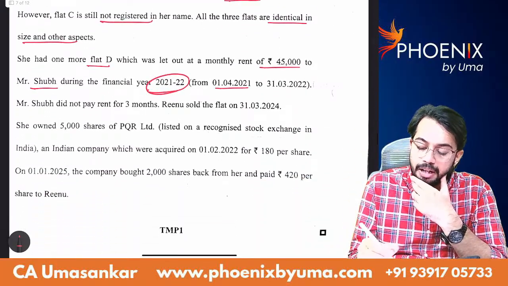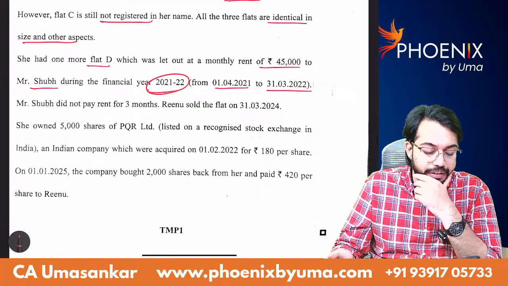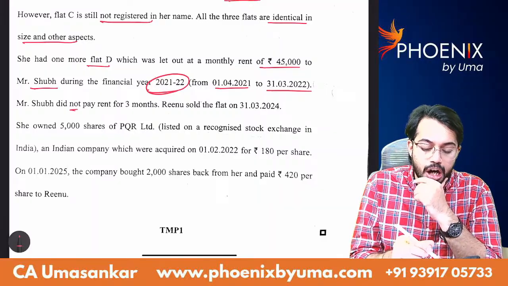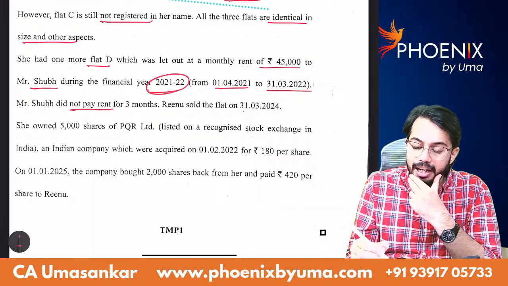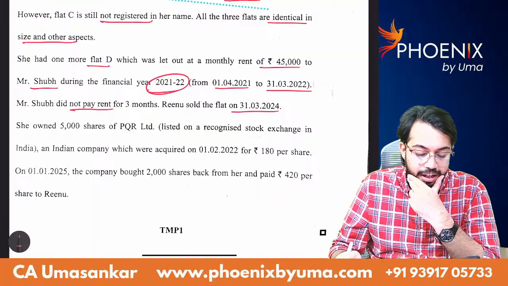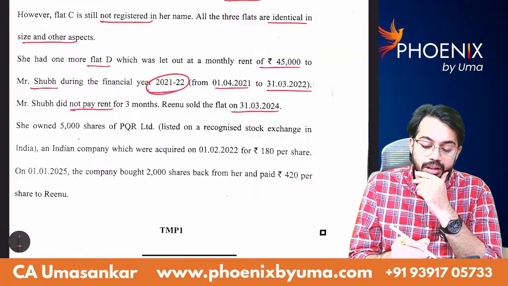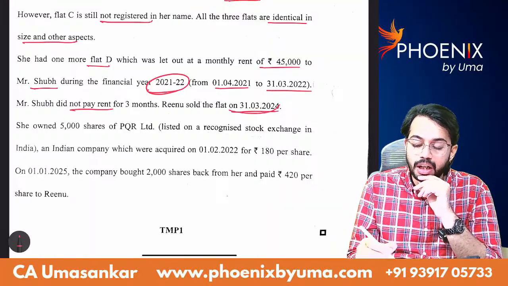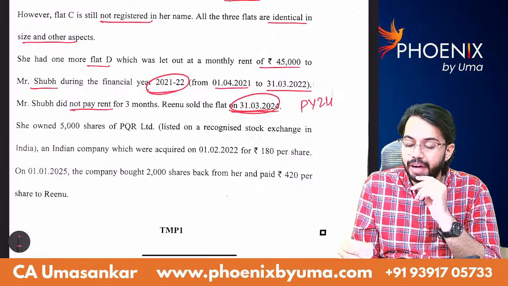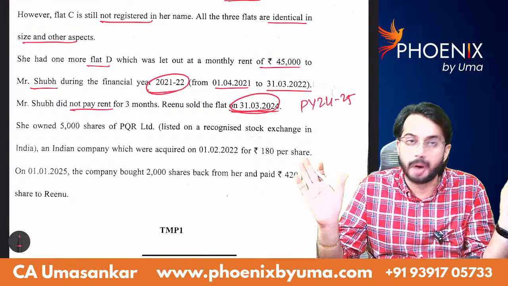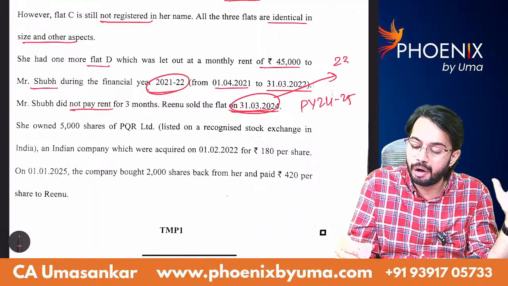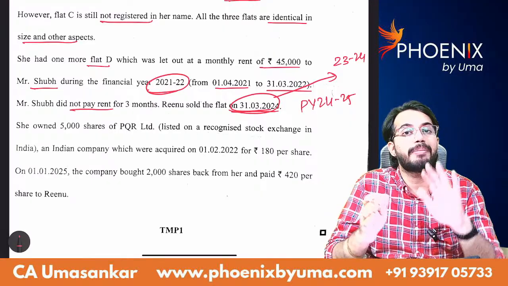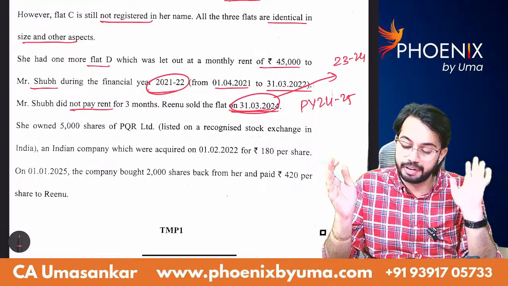From 1st April 21 to 31st March 2022, Mr. Shub did not pay any rent for 3 months. Renu sold the flat on 31st March 2024. She owned, that means what? In 24-25, she is not owning that property. It was sold in 23-24 only. 31st March 24 means it was sold in 23-24.